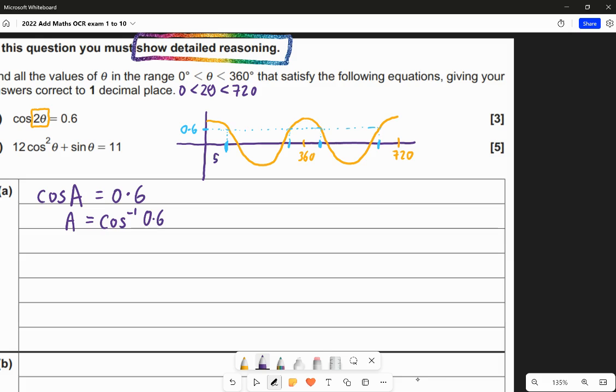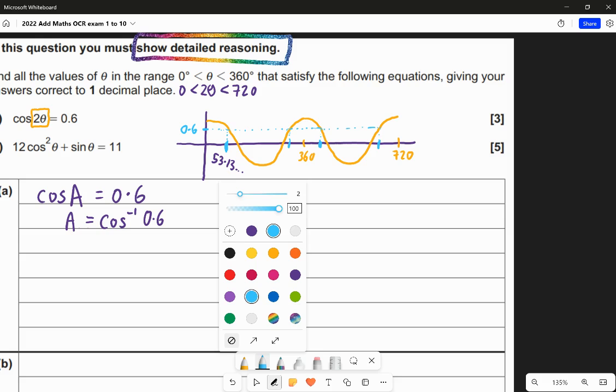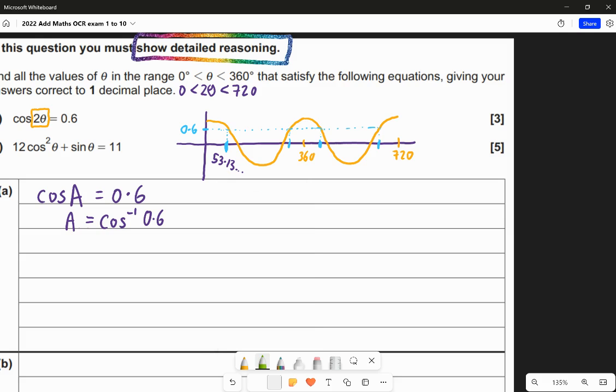Okay, so that value there is 53.13... So with that, I can find all the others. The distance here is exactly the same as the distance here. So they are symmetrical.